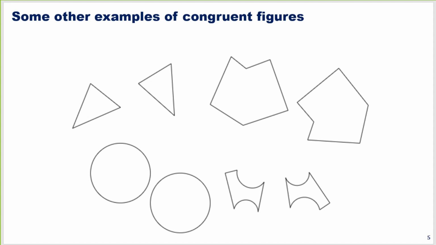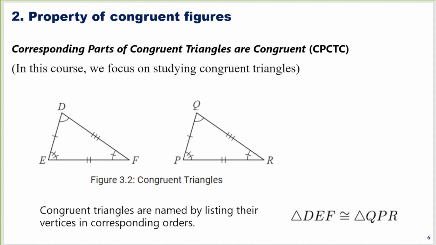Note that congruent figures have a special property, so let's look at their properties first. First of all, corresponding parts of congruent triangles are congruent, which means exactly the same, abbreviated as CPCTC.